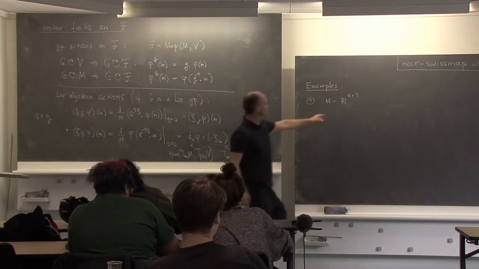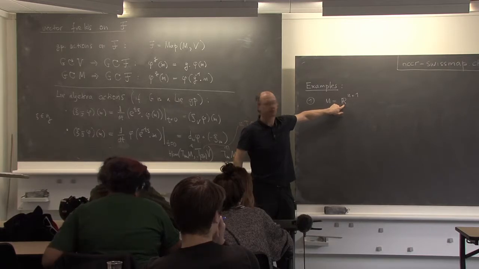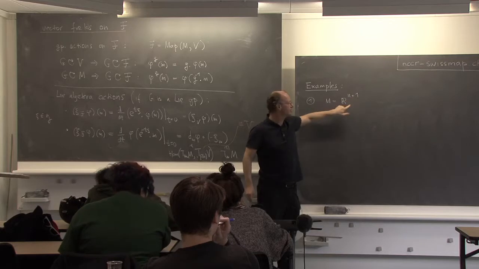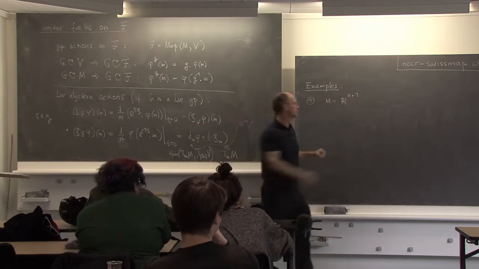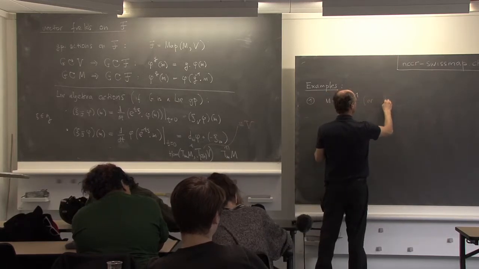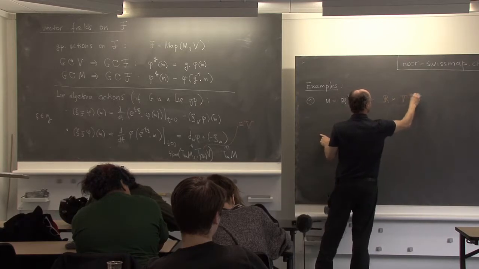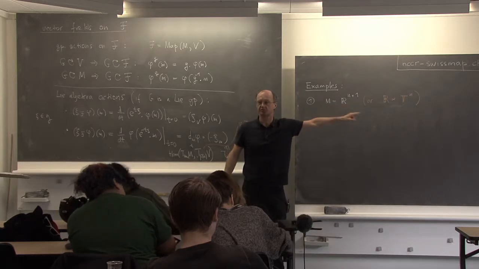So strictly speaking, it doesn't quite fit the context that we want to consider, because here that's a product of R, which may be the time axis, and some non-compact vector space, R^n. So maybe instead we want to look at R times a torus of dimension n. So this would, strictly speaking, fit better.